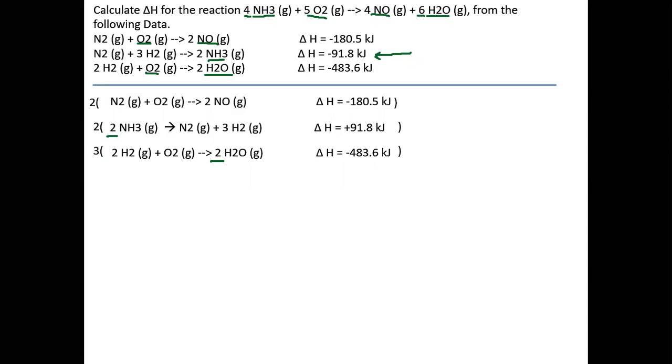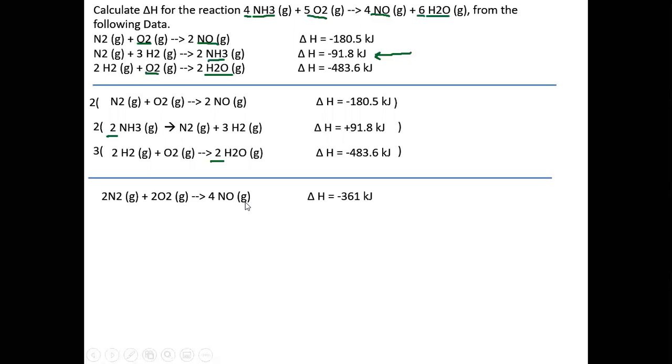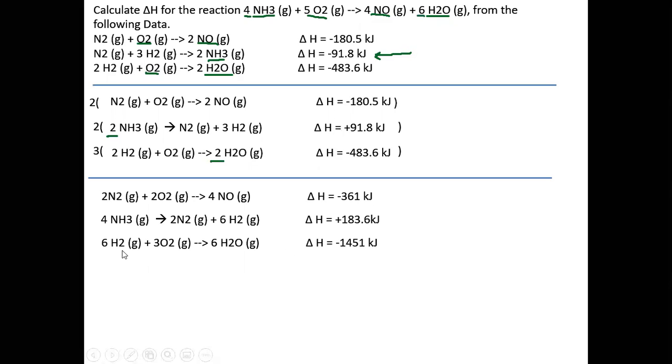We're doing this so that all the coefficients are set to what we want in the overall equation. So when we do this, the first equation we multiply by 2. Notice that the delta H is also multiplied by 2. The second equation is multiplied by 2 along with the delta H. And the third equation is multiplied by 3 along with the delta H.